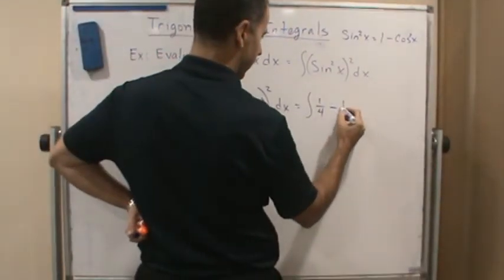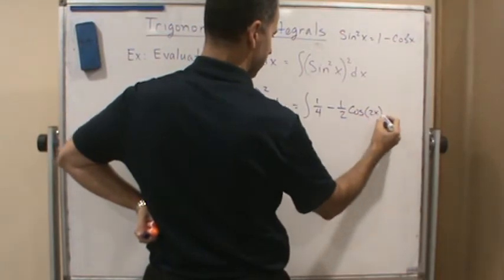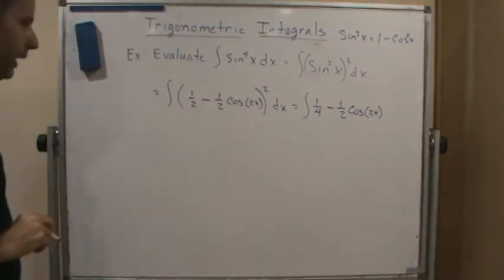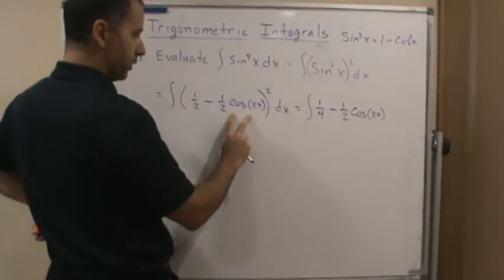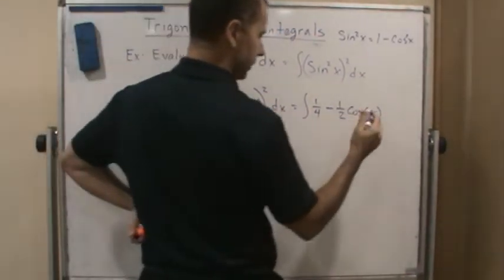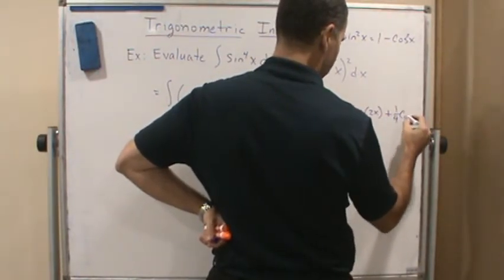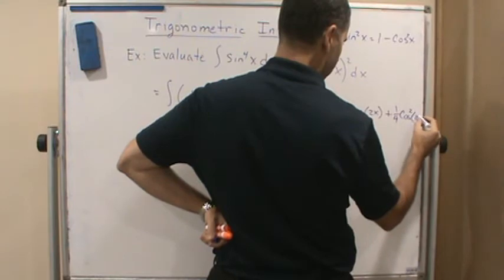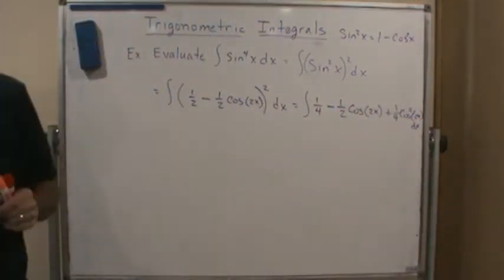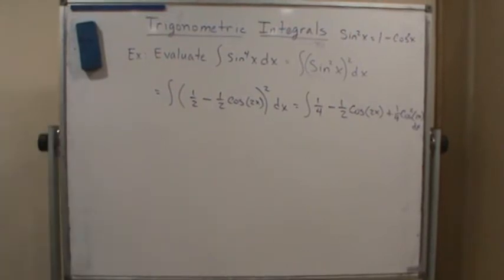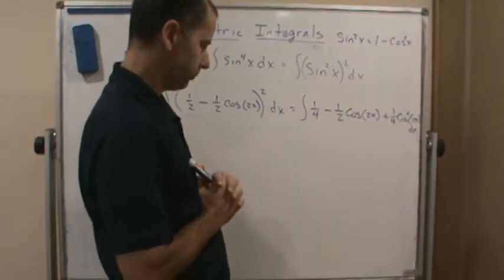So minus 1/2 cosine 2x, okay? And then I'm going to get a 1/4 cosine squared 2x dx. Okay, so now what I can do is I can break this up, okay?